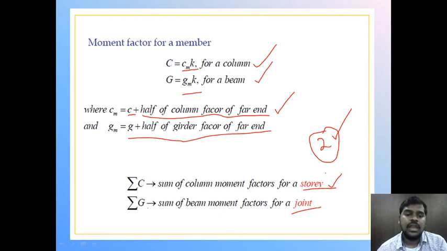I have already told you that G means girder, and girder is nothing but a beam. So sigma G is equal to the sum of beam moment factors for a joint.